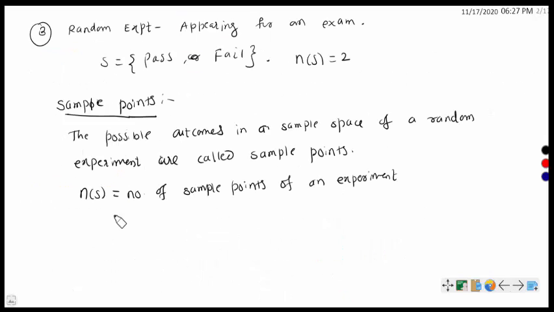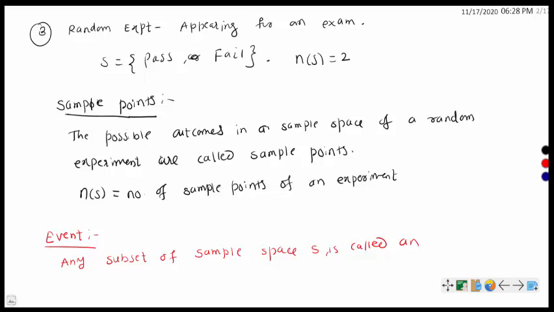Now we are going to define event. What is an event? An event is any subset of the sample space S. Any subset of a sample space is called an event.